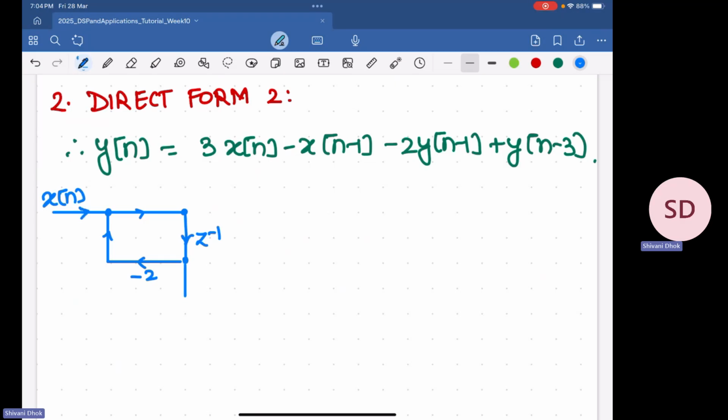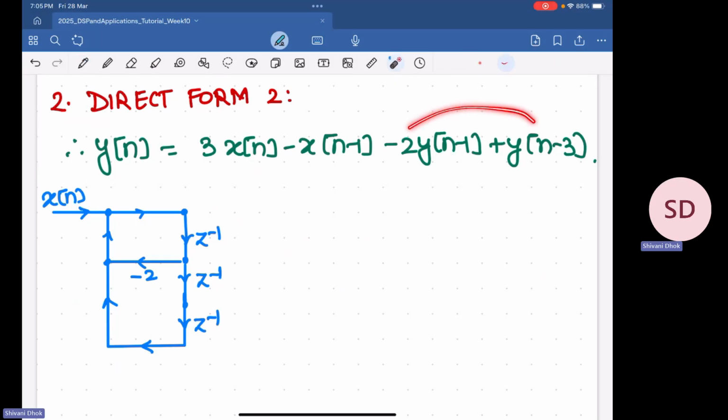Then again we want this y of n minus 3, so z inverse one time, and then one more time z inverse, and now this gets added like this. Okay, now this part is done.